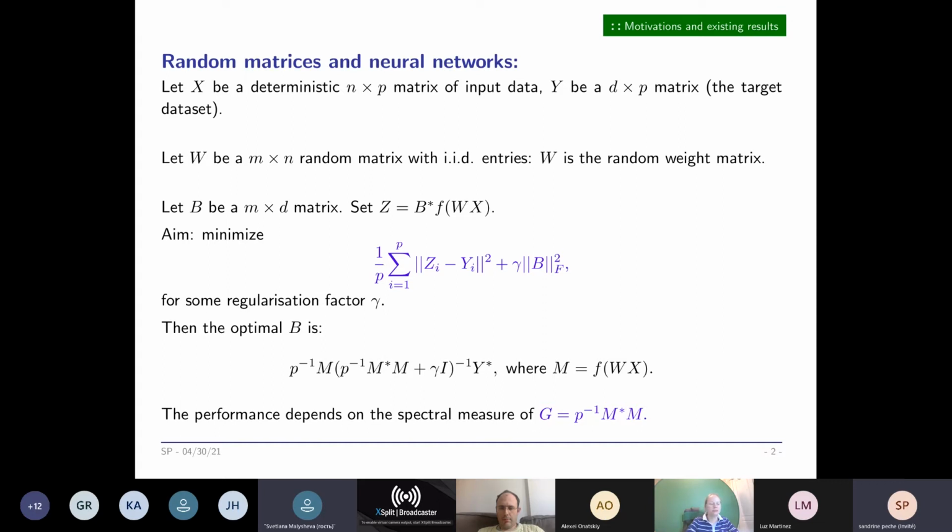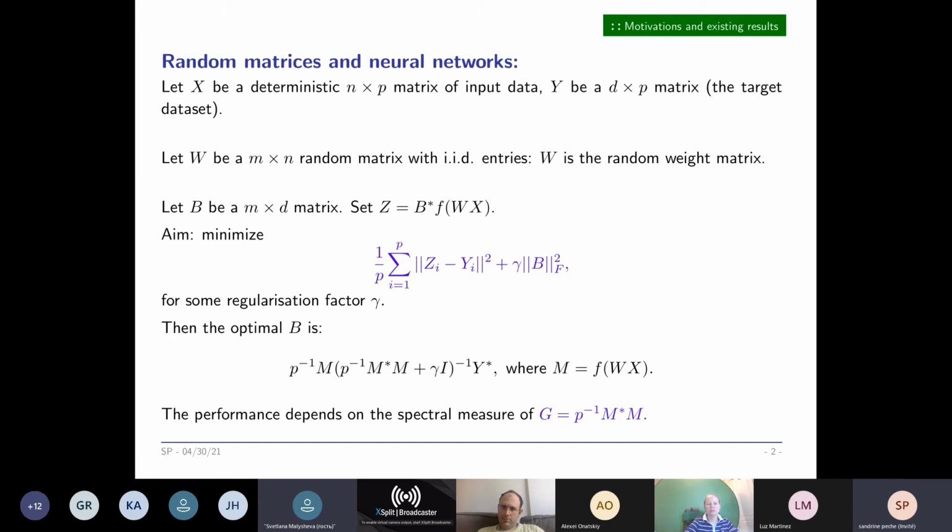So for that, this time, instead of a vector, we simply consider simultaneously p vectors with dimension n. So this means that we consider a deterministic matrix X of input data, and Y will be the target data set.